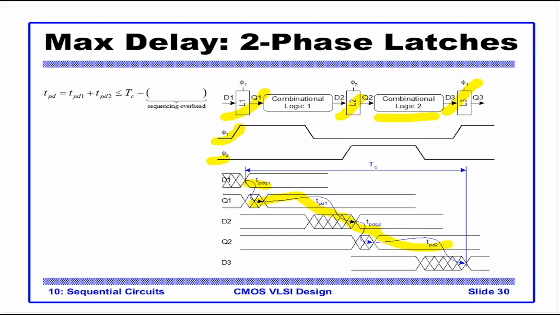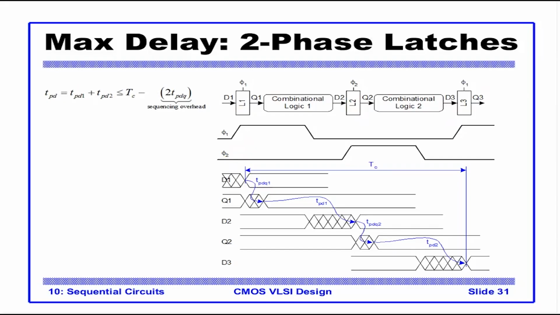So data at D3 changes after TPDQ1 plus TPD1 plus TPDQ2 plus TPD2. Without the latches, the delay would have been TPD1 plus TPD2. So what is extra here? Nothing but the propagation delay of latch 1 and latch 2. In fact, this is the sequencing overhead: we add 2 times the delay of a latch.